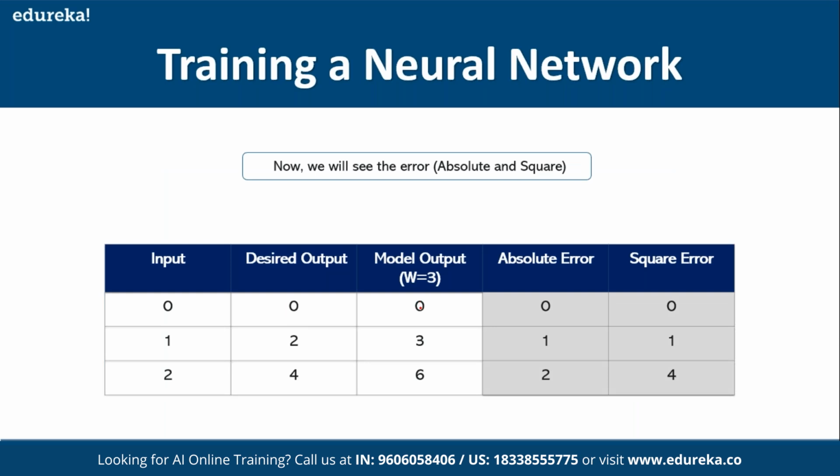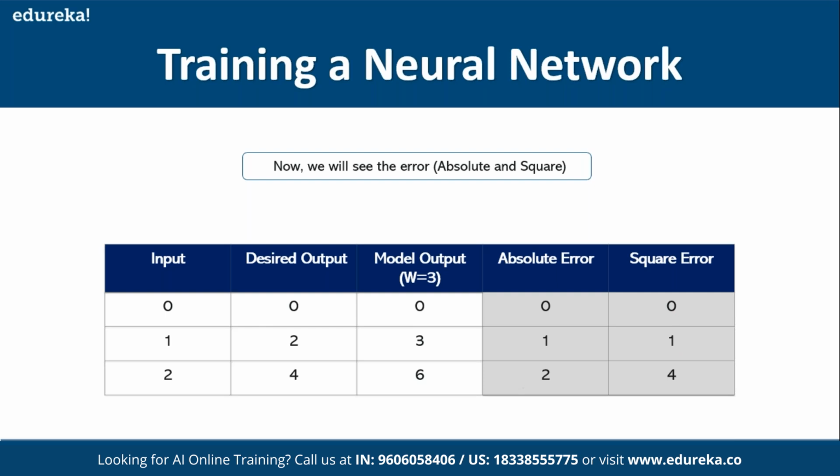My absolute error is 0 minus the desired output 0, which is 0; 3 minus 1 is 2; and 6 minus 4, where 4 is my desired output and 6 is the model output, is 2. The squared error of my absolute error is 0, 1 square is 1, 2 square is 4.